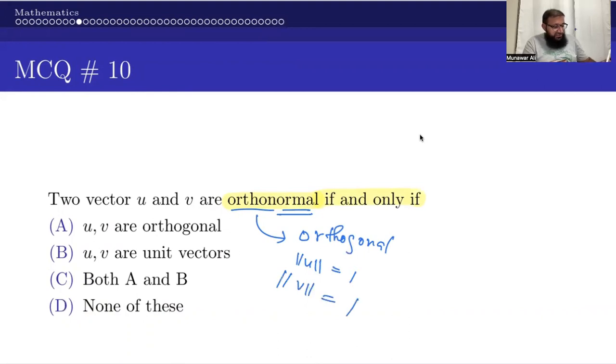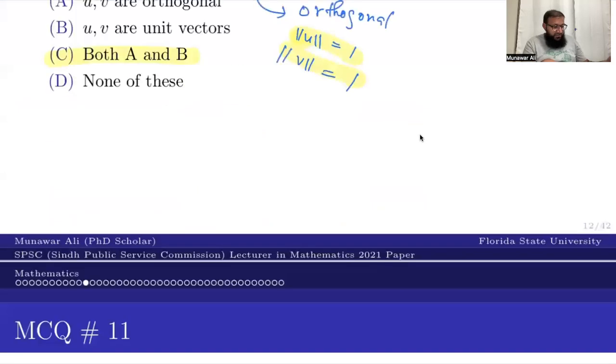So you can see the correct option is C, which says both A and B. What is option A? U and V are orthogonal. They are orthogonal because they are orthonormal, and U and V are unit vectors, so their norm is 1. This is how you define orthonormal vectors. So the correct option is C, which says both A and B. Okay.